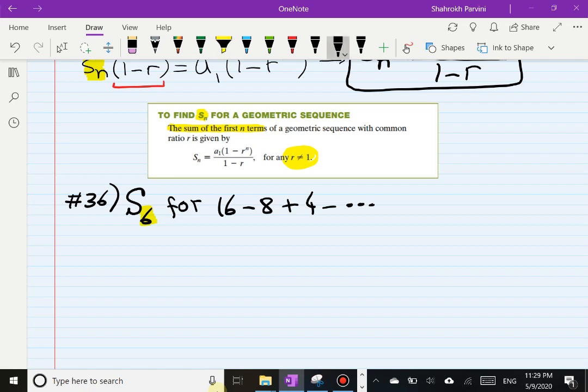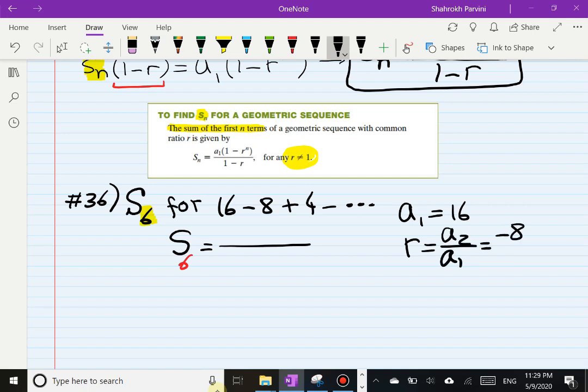So we have a formula directly, you're looking at it above this expression. So when n is 6, I'm going to put 6 here. S sub 6 is equal to a sub 1, and a sub 1 is 16. The common ratio, you divide the second by the first term. That's negative 8 over 16, and that gives you negative 1/2.